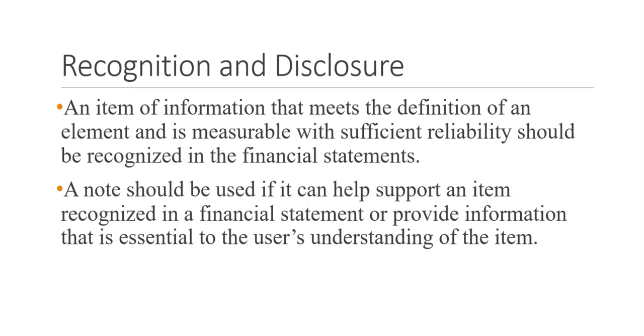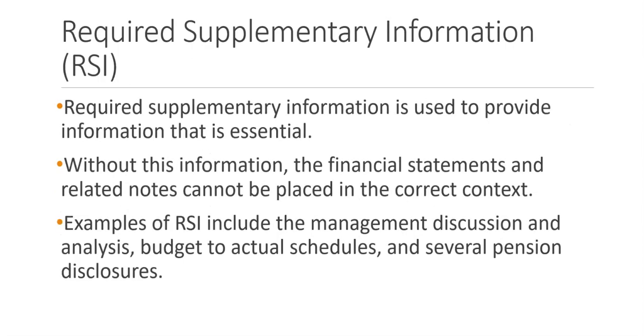We should use notes to provide additional information to the financial statements. This is also similar to business reporting. That required supplementary information is any information that is essential for decision making, and information that allows for context of the financial statements and notes.